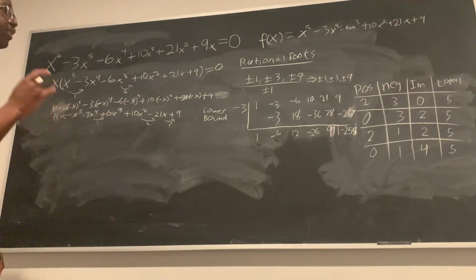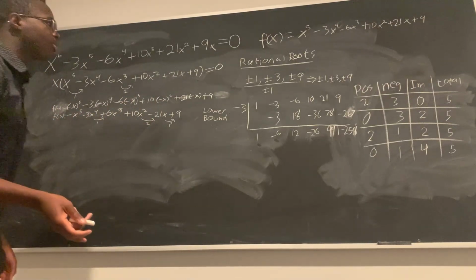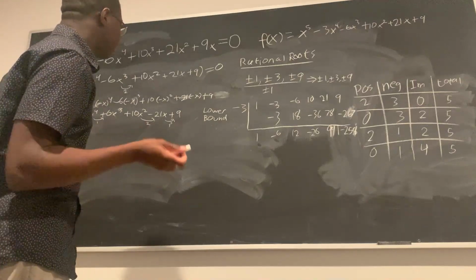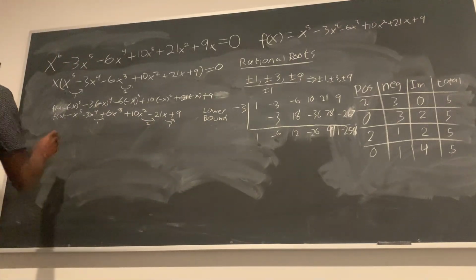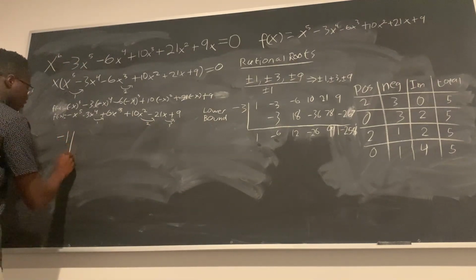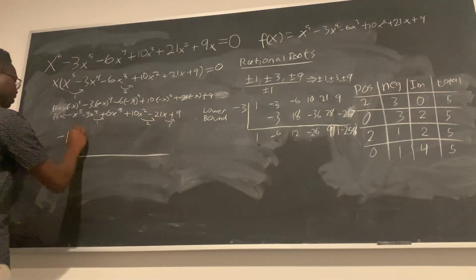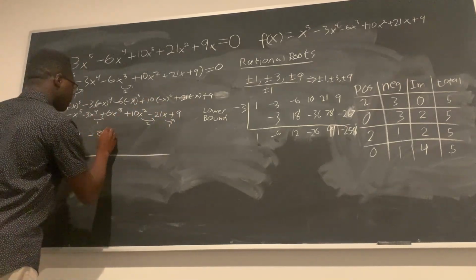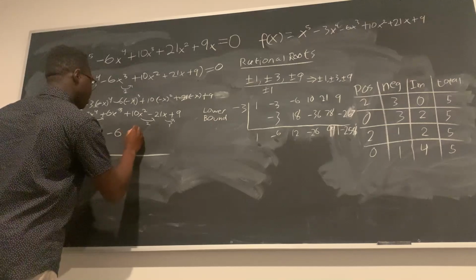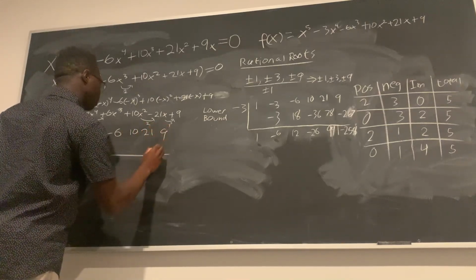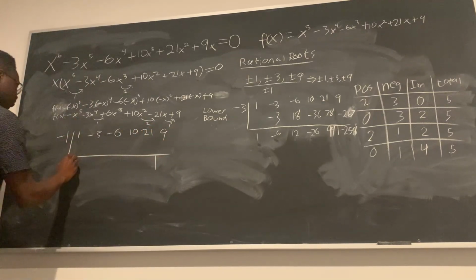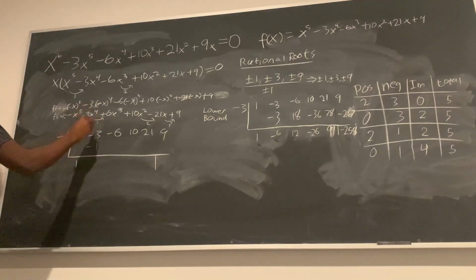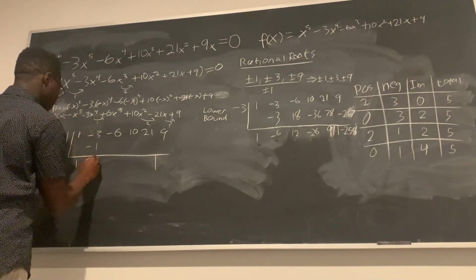Now let's move our work to over here. Let's think of another negative value. We only have one more and we're guaranteed. So we know negative 1 has to be a 0. But let's find it. So of course, synthetic divide. And we get 1, negative 3, negative 6, 10, 21, 9. Then what we do here, 1 is going to be negative 1. Negative 3 plus negative 1, negative 4.